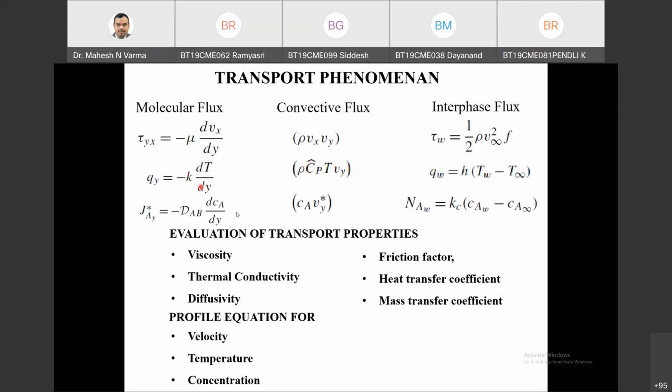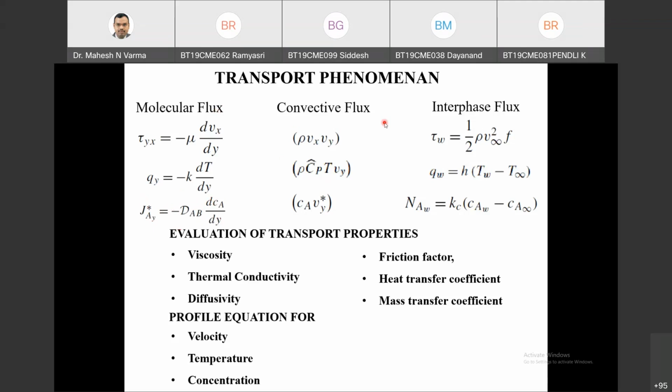This is the mass flux in the y direction because of convection, Cy into Vy. This is the convective term, and this is the mass flux in the y direction in molar form because of conduction.